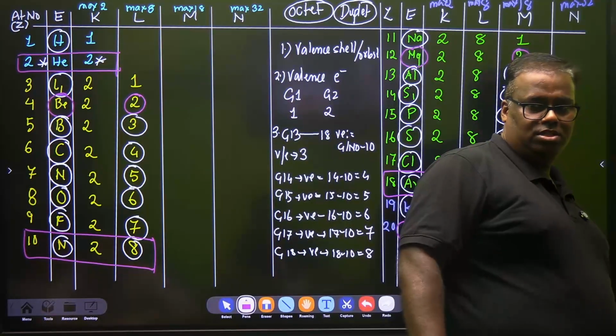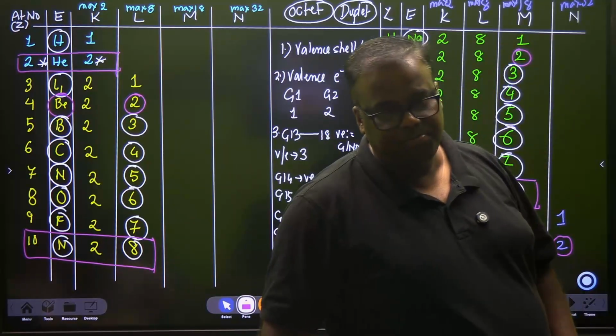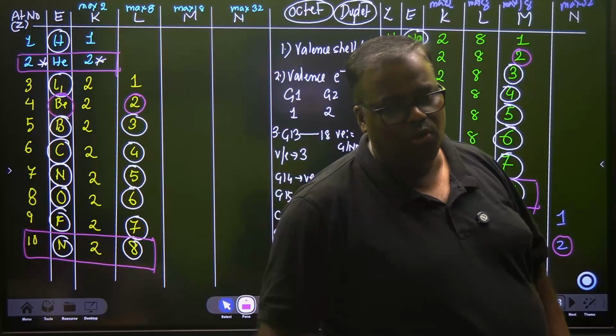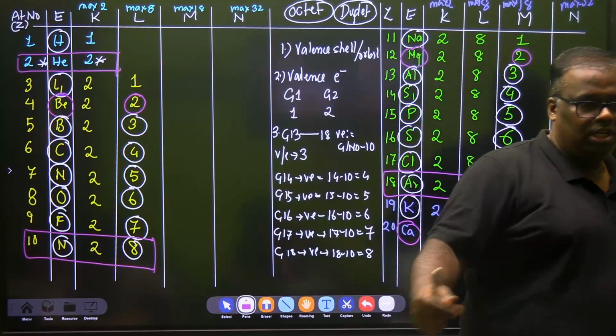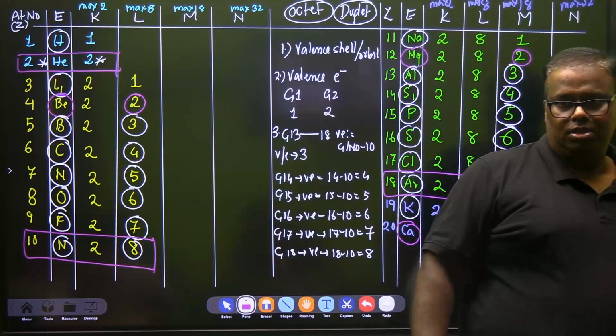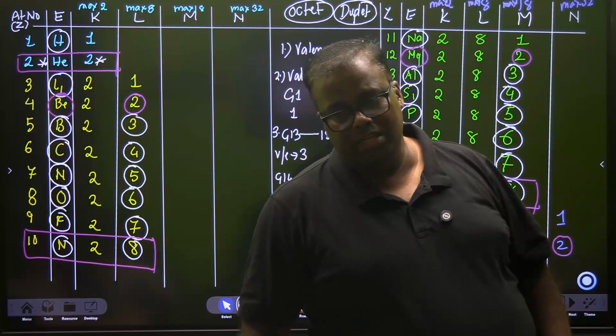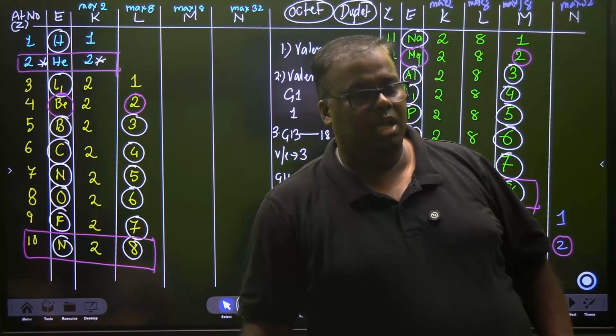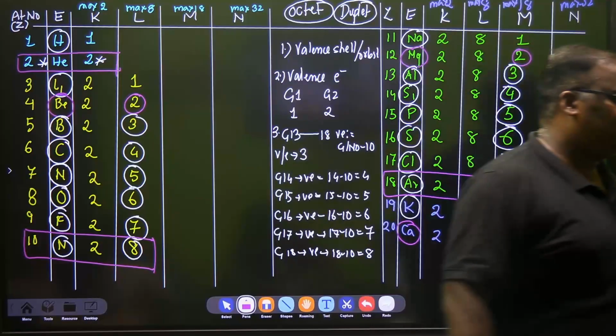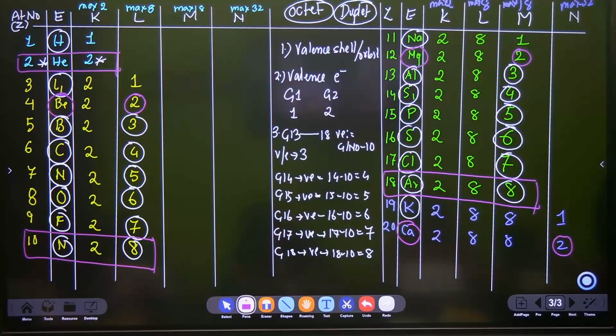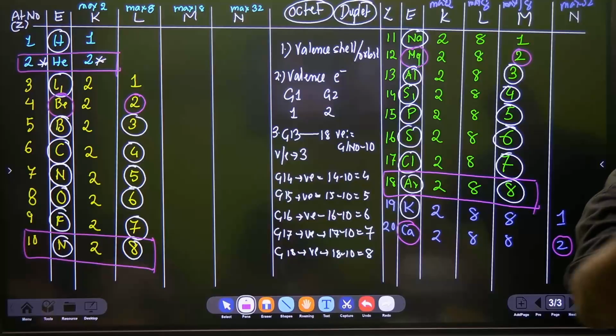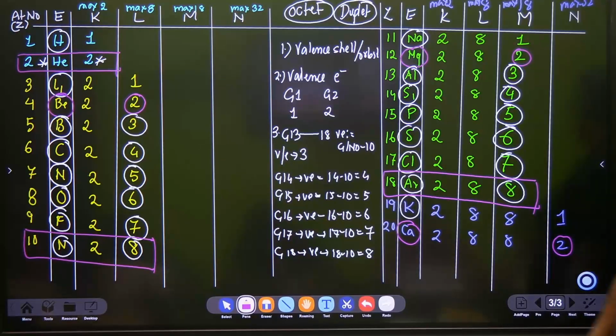On the top arrow you write helium following duplet rule, and in bracket you write since only one shell, that is K. Helium follows duplet rule since only one shell, which is the K shell. In the lower one, write the rest following octet rule.